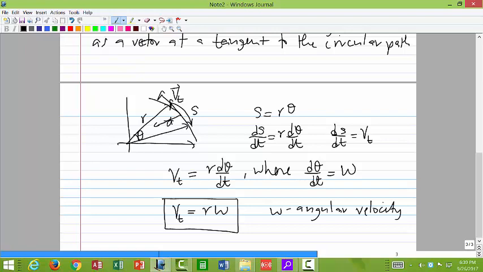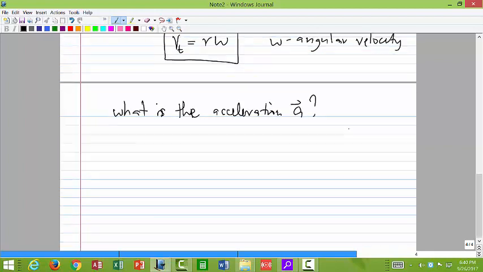This formula gives us a relationship between the linear velocity, which is at a tangent to the circular path, and the angular velocity omega of the particle in its circular orbit. And R is just the radius, or you can think of it as the distance from the origin to the point where the particle is located. Let's look next at the acceleration and see if we can get a relationship for the centripetal acceleration A. This is the acceleration that I've shown you for the object moving in a circular path.